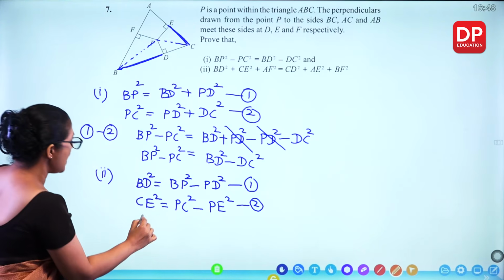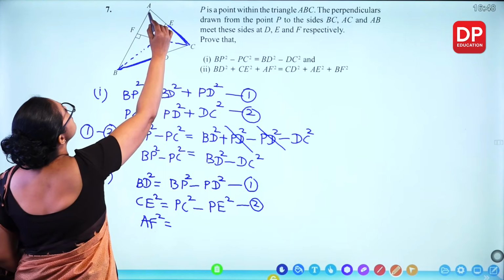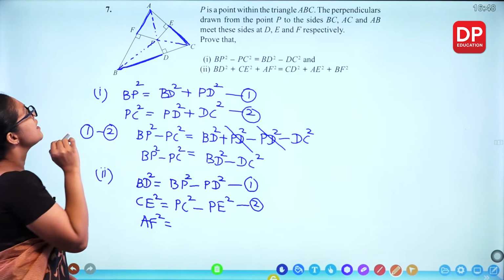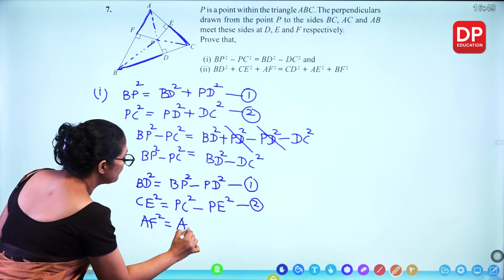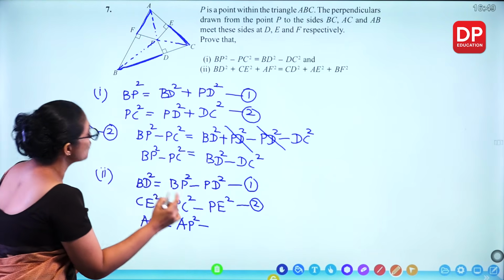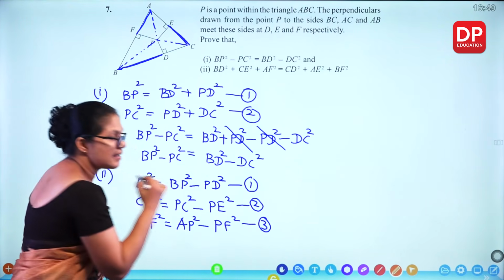What's the next one? AF squared. AF squared is this one. I'll connect this one with this one. Then AF squared I can write AP squared minus PF squared. That's my third equation.